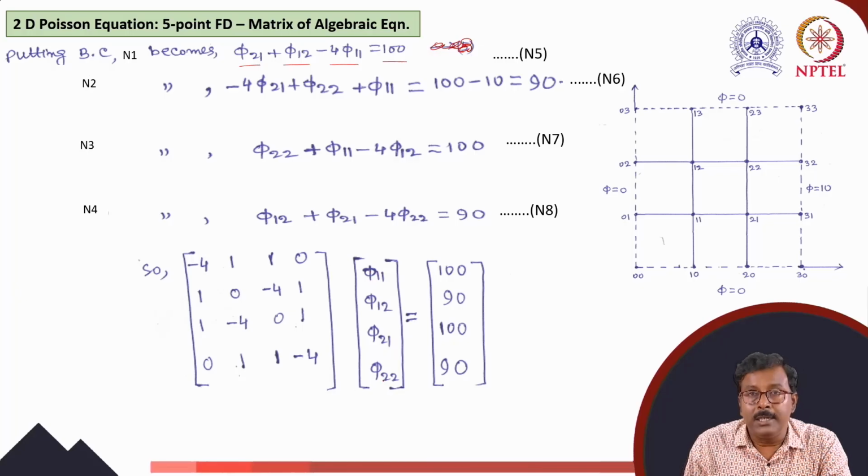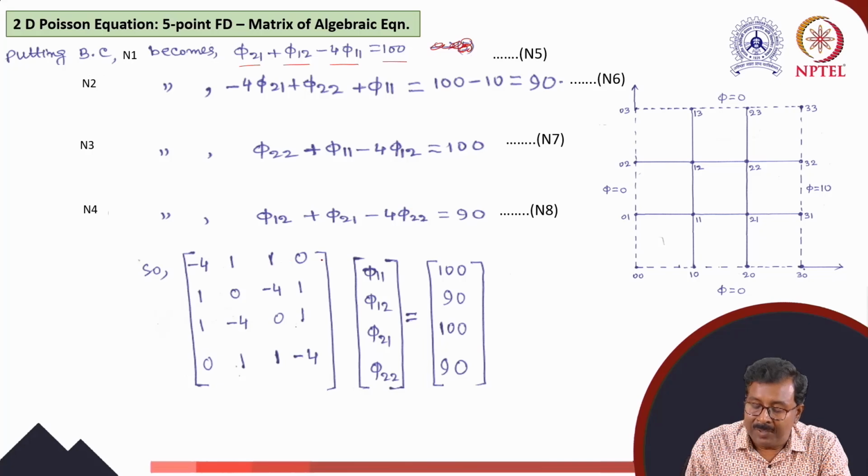So there is a column matrix consisting of 4 unknown values, phi 1 1, phi 1 2, phi 2 1, phi 2 2. This is conventionally written: first you write 1 1, then 1 2, then 2 1, then 2 2. That's why these 4 interior nodes are taken and written in this way. There will be 4 rows, because this is one column consisting of 4 elements.